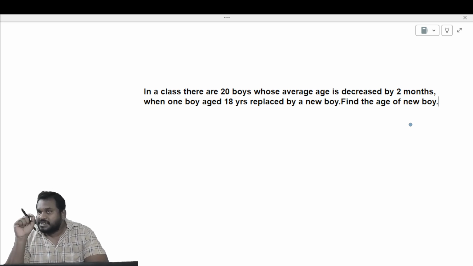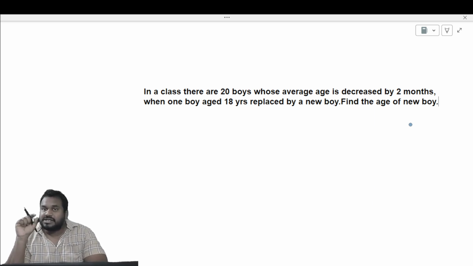So it is decreased means the person who is 18 years of age left, and another person who entered is lesser than 18 years, to make the average decrease by 2 months.